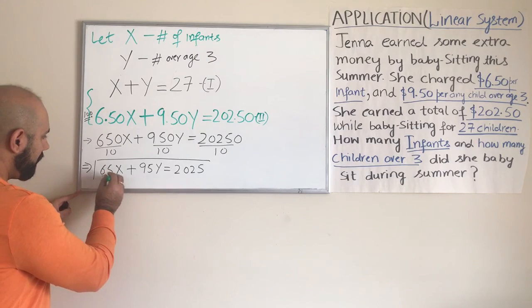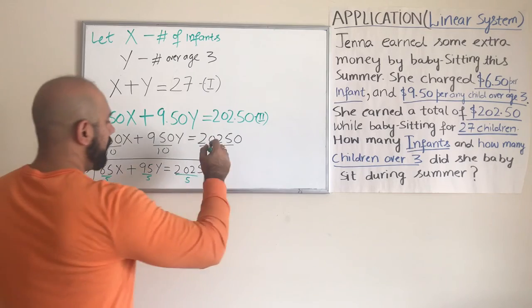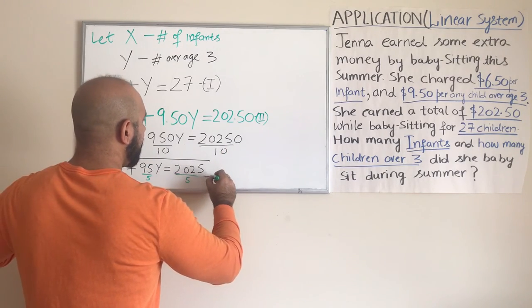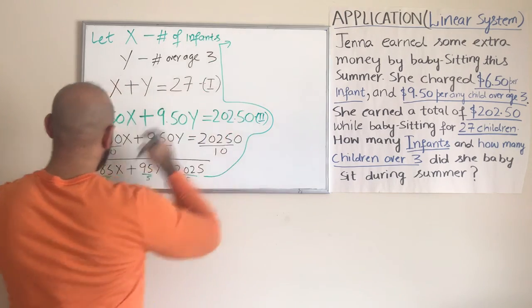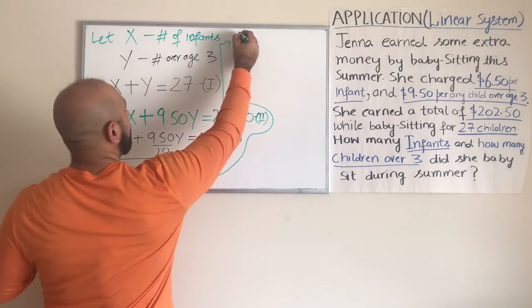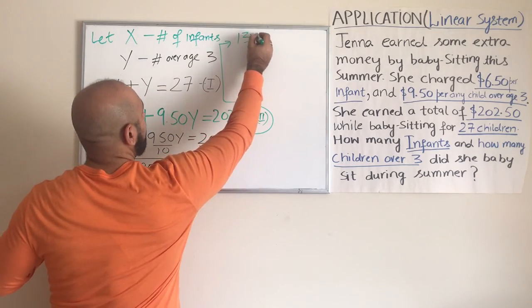Okay, so dividing each term by 5. Once we do that, this is going to become what? 65 over 5 is 13, so it is 13x.